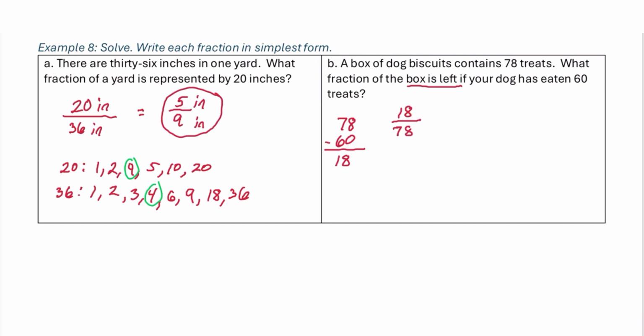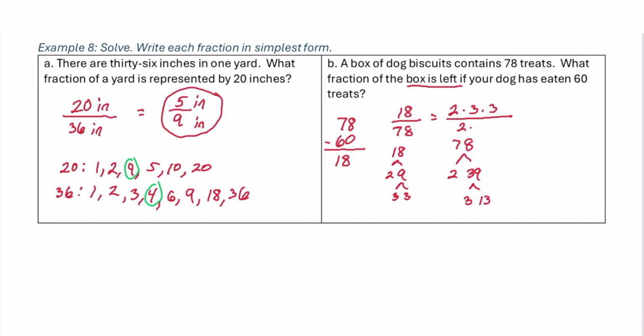And we want to reduce this. This time, let's use the prime factorization technique. 18 we can write as 2 times 9, which is 3 times 3. 78 prime factorization would be 2 times 39. 39 we can write as 3 times 13.